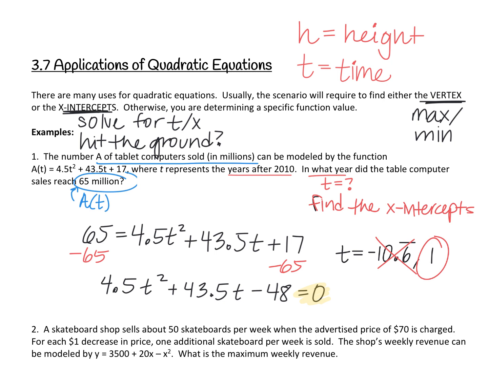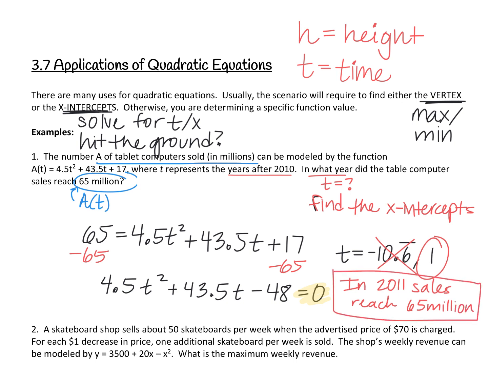So what year is 1 year after 2010? Oh, okay, so we would write a little sentence. In 2011, sales reached 65 million. So you just solved it by finding the x-intercepts. You solved by graphing. That one I think is the most difficult one we're going to do today because it requires a little more interpretation. The other ones are pretty clear cut.